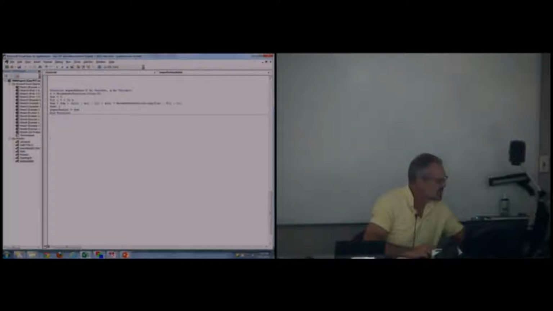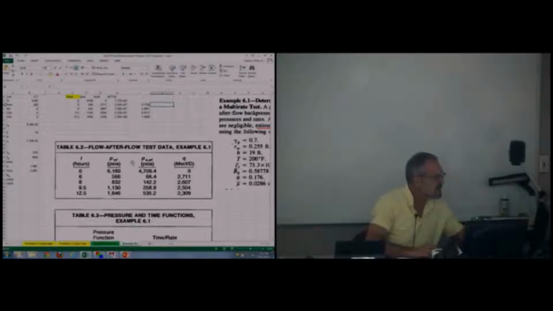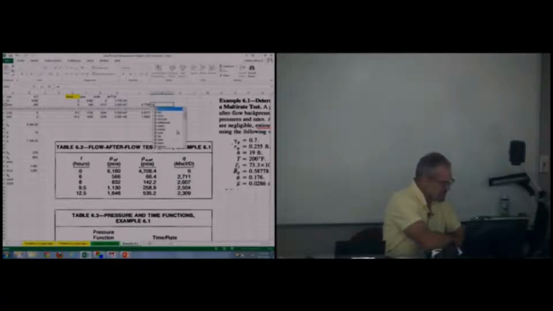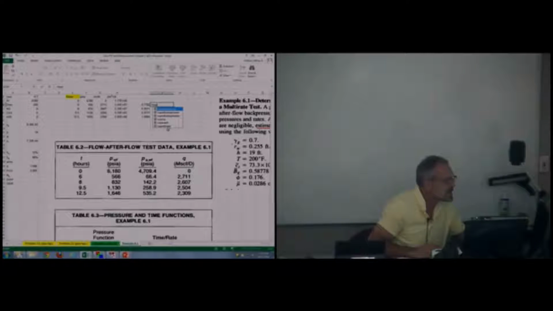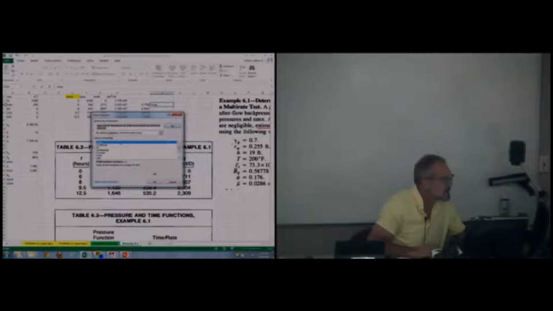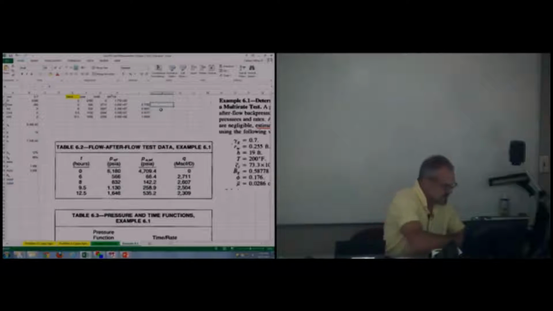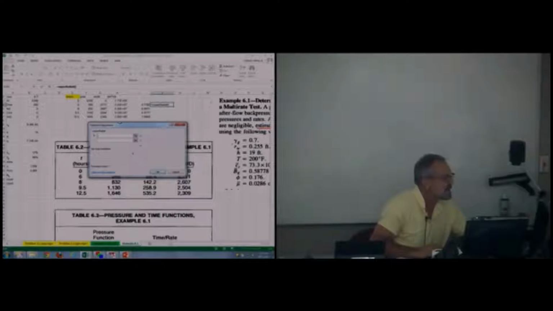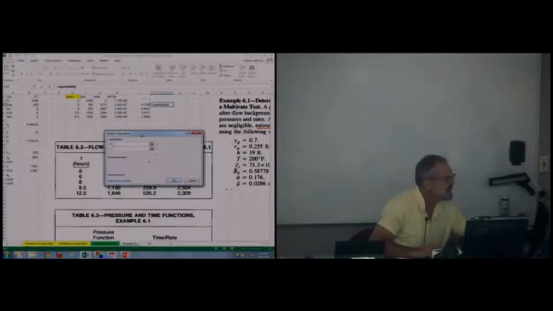So I now have that Visual Basic function in my spreadsheet, and I can invoke it. What is it called? Super radial. What happened there? It wants to know the time array.